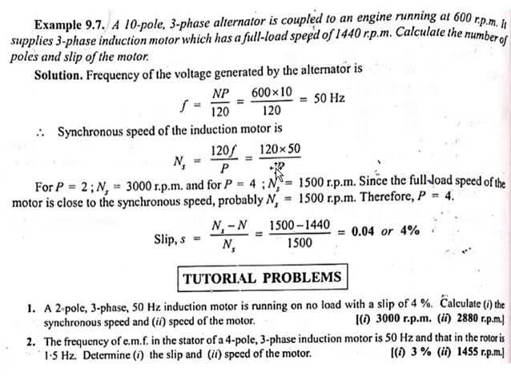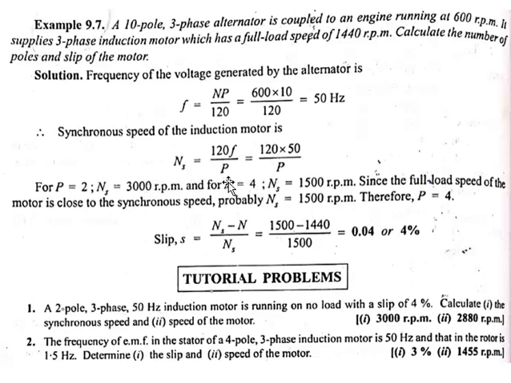You take the number of poles as 2. Then we get the synchronous speed as 3000. But what is the motor speed? Full load motor speed 1440. There is a huge difference between those two numbers. We want a slip around 5%, so we will make P equal to 4.